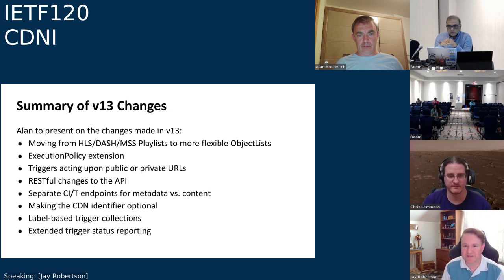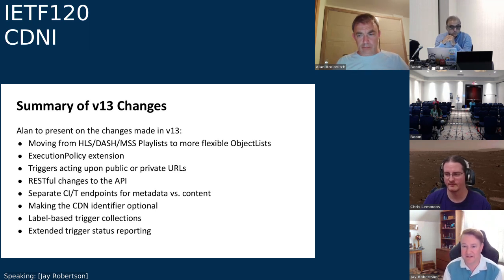So that brings us to the version 13 changes. As mentioned, there are 8 new improvements to the spec with regard to this. We moved from an HLS, DASH, and Microsoft Smooth Streaming playlist format to a more flexible object list concept that not only included these, but allowed us to specify lists of objects in text and JSON form.